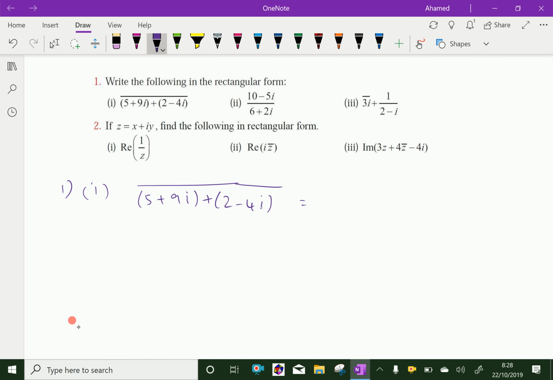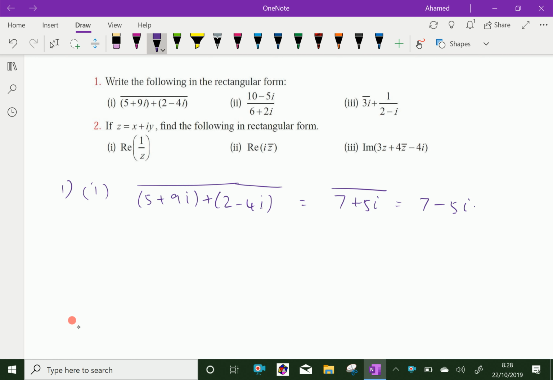First add the real part, 5 plus 2 is 7, and add the imaginary part, 9i minus 4i is plus 5i. Now conjugate of 7 plus 5i is 7 minus 5i.